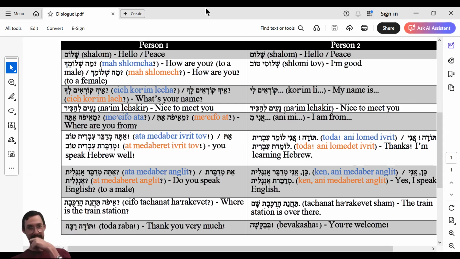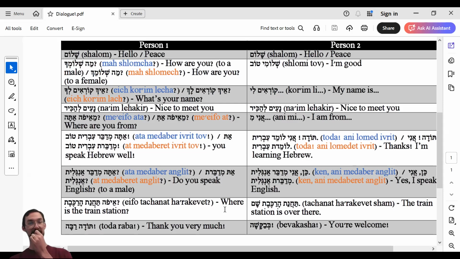Me'efo at. אני מברוקלין. את מדברת עברית טוב. תודה, אני לומדת עברית. את מדברת אנגלית? כן, אני מדברת אנגלית. איפה תחנת הרכבת? תחנת הרכבת שם. תודה רבה.